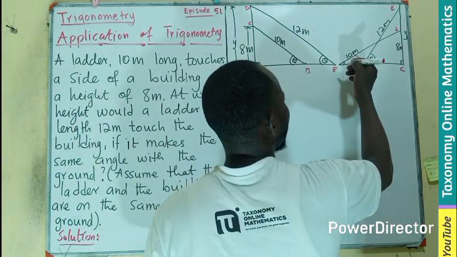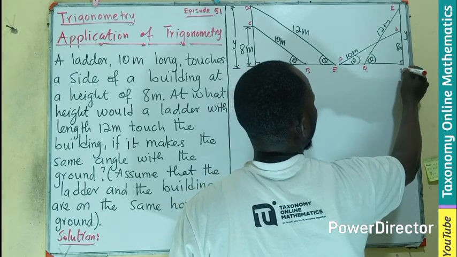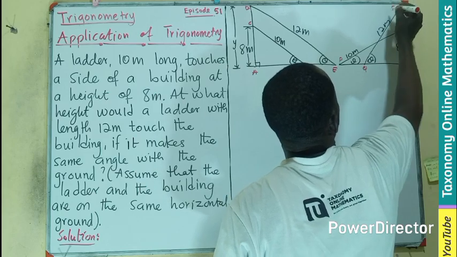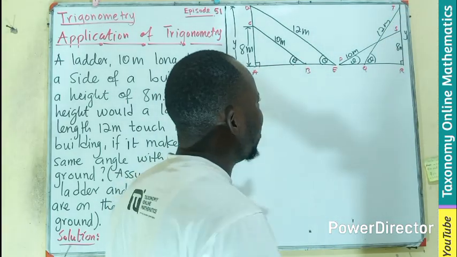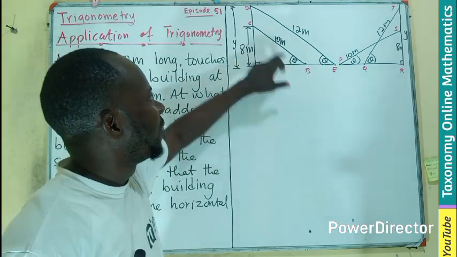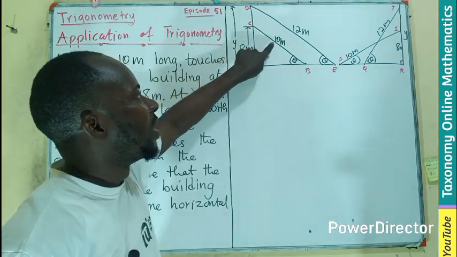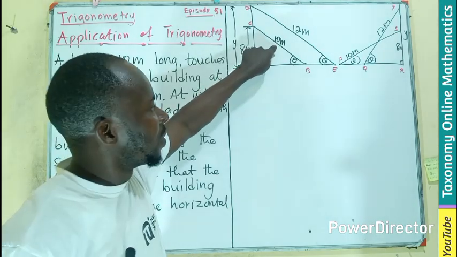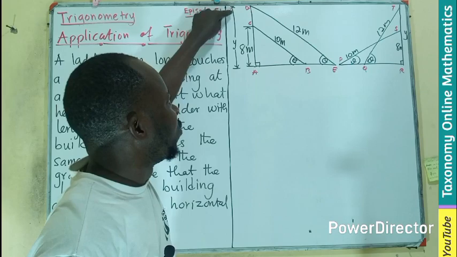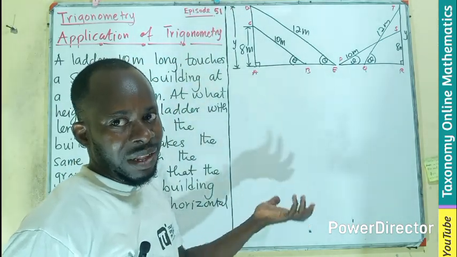Let's say P, Q, R, S, T. So that when I mention ABC, we know the diagram we are looking at. So you can see triangle ABC is a right angle triangle, having the 8 as the opposite, 10 as hypotenuse. Then triangle ADE has the opposite to be y, the 12 as the hypotenuse. So that is the concept.